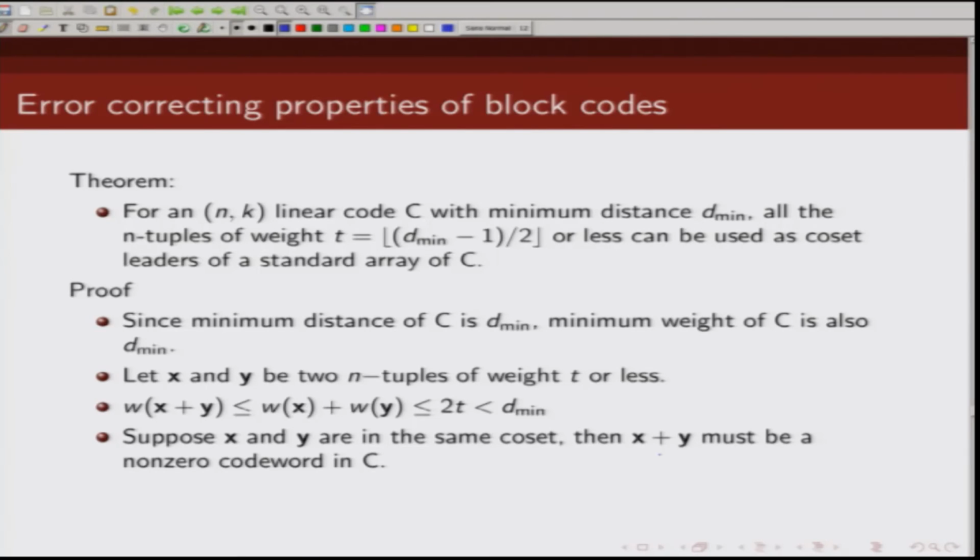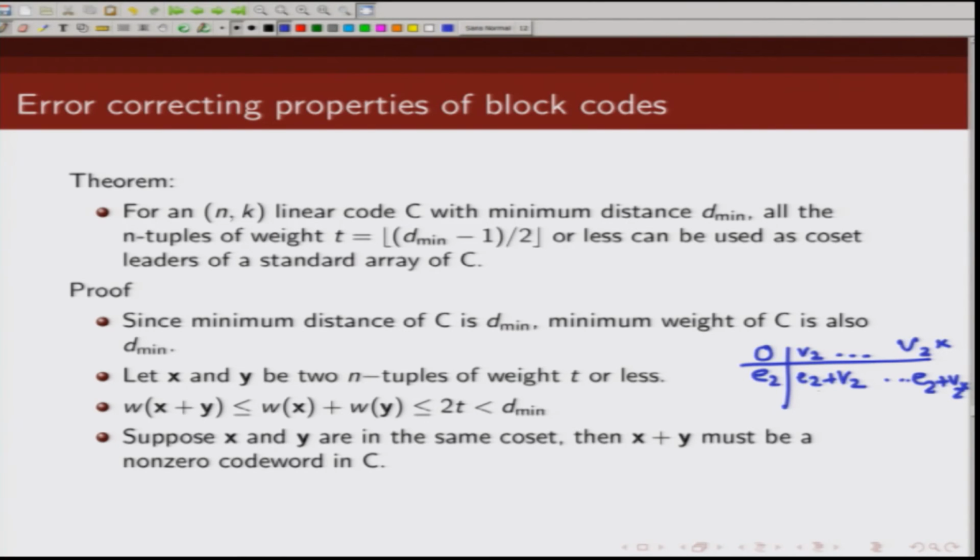Why is this so? If you recall your standard array, we had something like this. First row, first column was all 0 vector, and then we had other code words, and then we had error pattern, let us say E2. So, this was E2 plus V2, like this was E2 plus V2k.